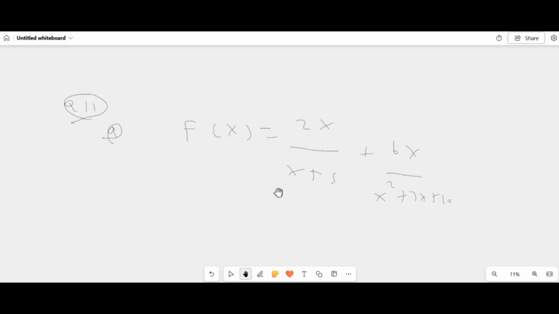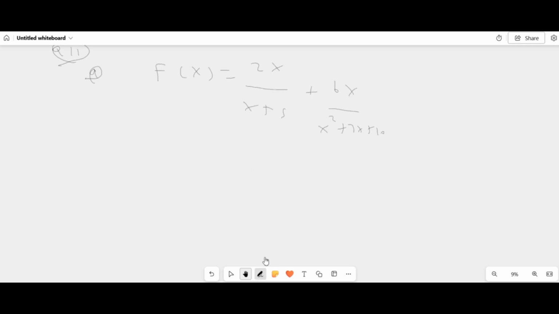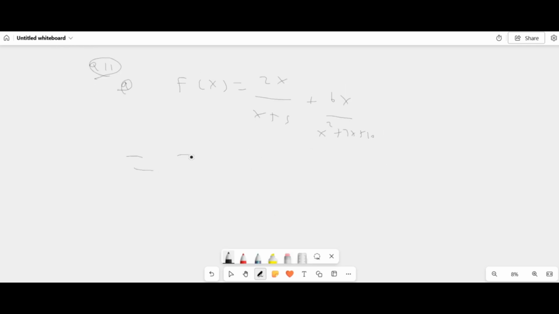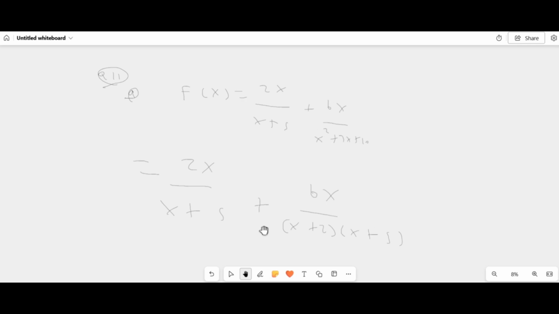So obviously the second one can be broken up here, so that's going to be 2x over x plus 5, and the second one is going to be plus 6x over, obviously factorize that in your calculator, you'll get x equals minus 2 and x equals minus 5, so that's going to be x plus 2, x plus 5 in the bracket here. Alright, save.